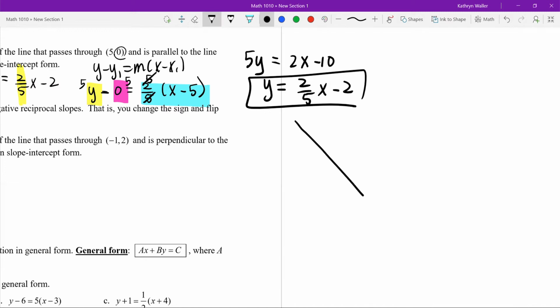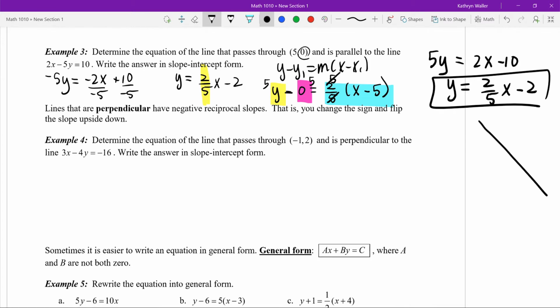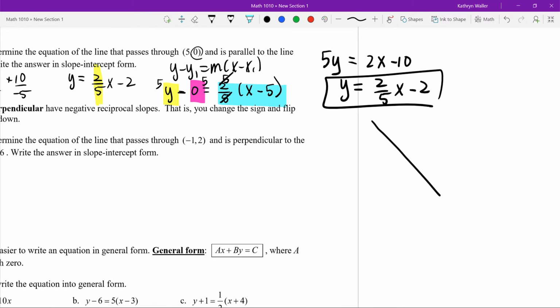Yes, honey? So it's the same line as the other one, then? It is the same. I'm so glad that you noticed that. It shouldn't be. Why would it be? It's confusing that it is. I wish that it wasn't, but it's okay.